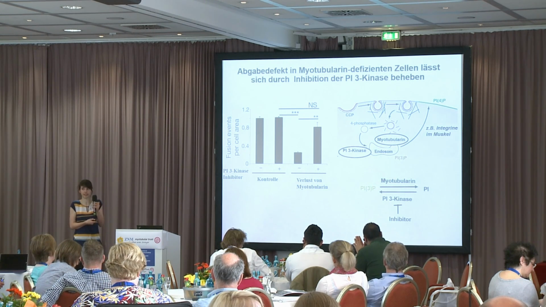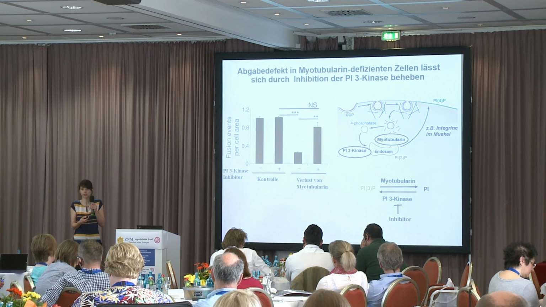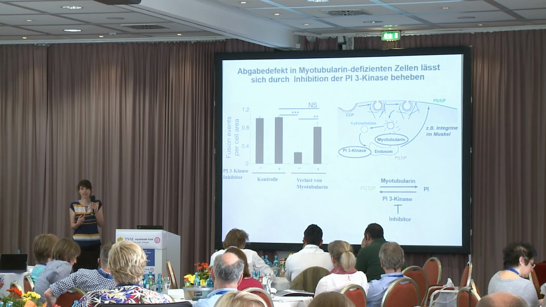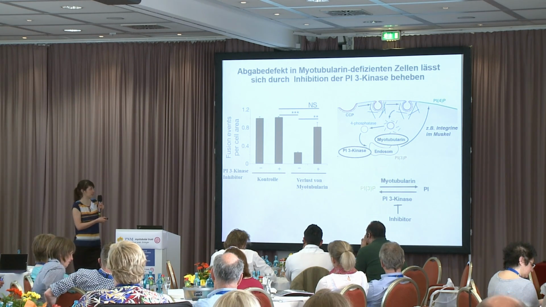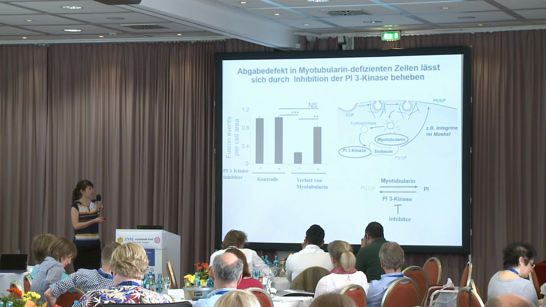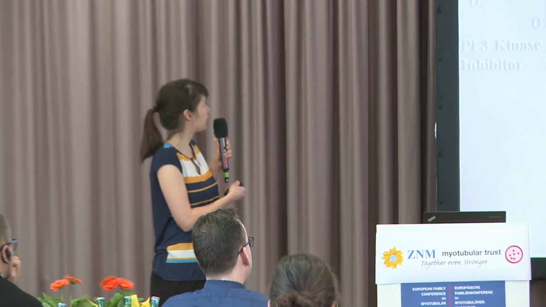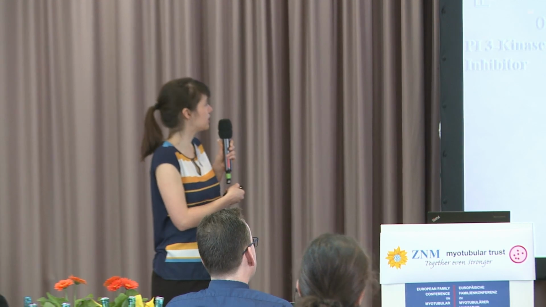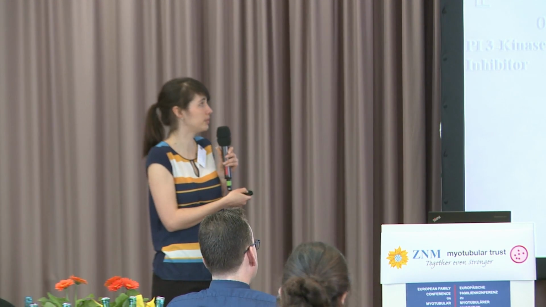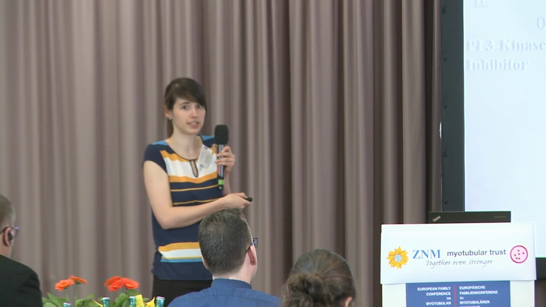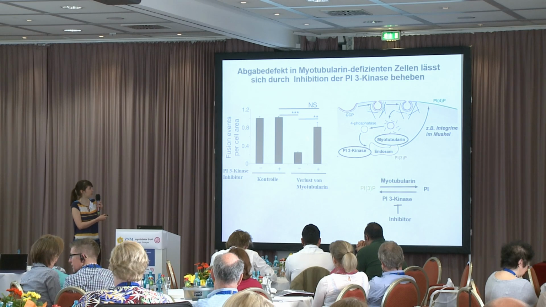What we have tried to do is, if there is a cell with a lot of myotubularin, we attempted to switch off the PI3 kinase. So that situation that is often taking place in CNM patients inhibits PI3 kinase.